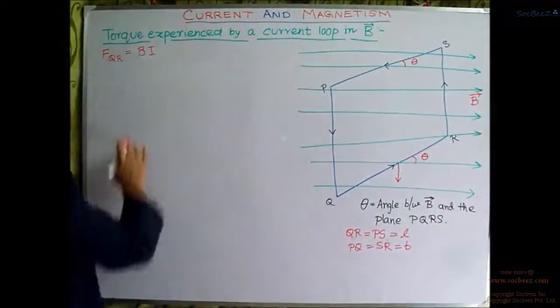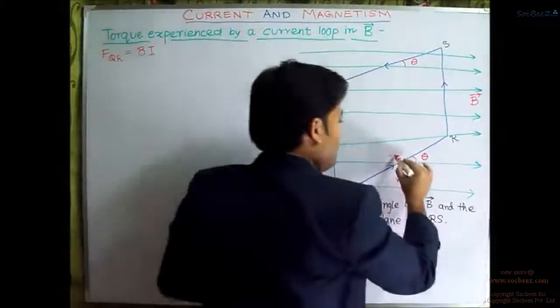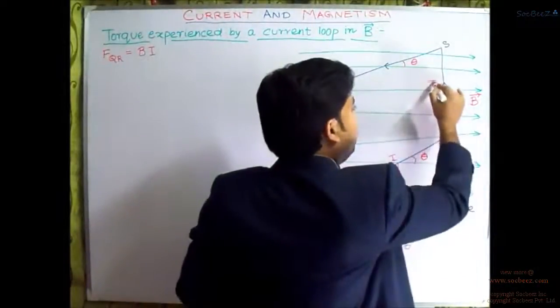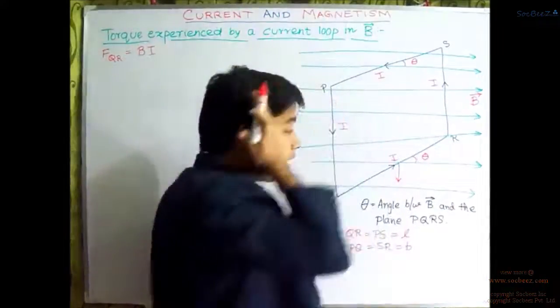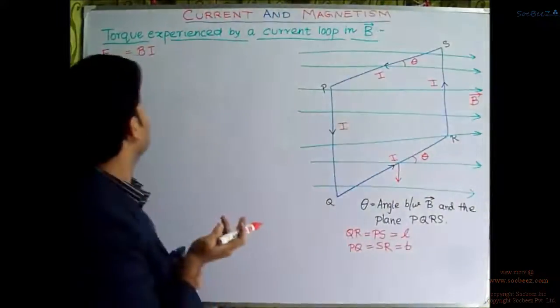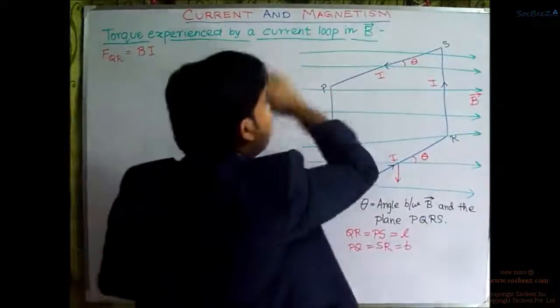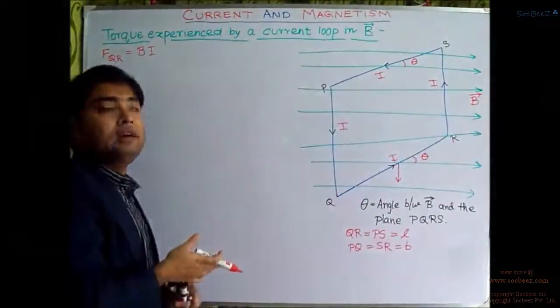So I, the amount of current flowing through the entire loop, will be the same. It would not vary, right? The B over here is a uniform magnetic field.